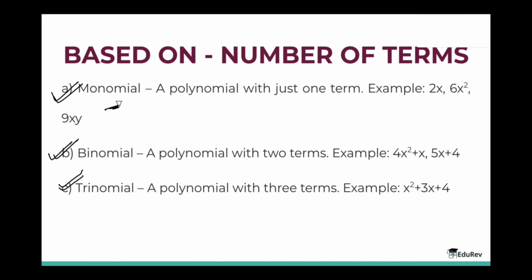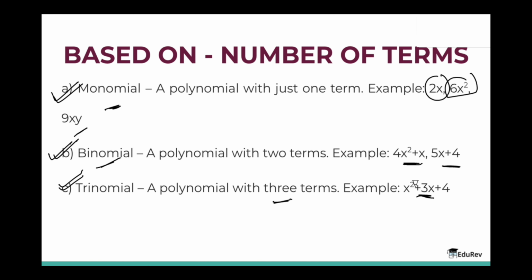The first one is a polynomial which just has one term. For example, 2x, 6x square, 9xy, etc. Whereas the binomial is a polynomial which has 2 terms. For example, 4x square plus x, 5x plus 4, etc. And lastly, the trinomial is a polynomial with 3 terms. That is x square plus 3x plus 4.